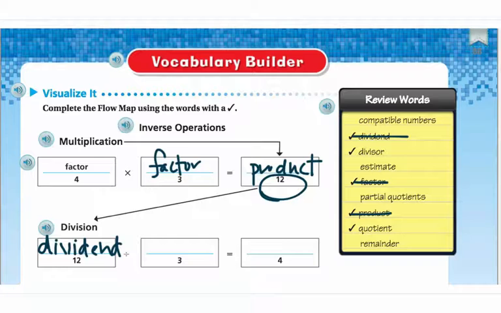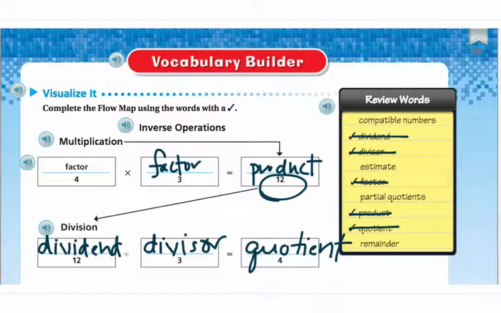Now, the dividend is divided by the divisor, which in our related division fact was a factor in the multiplication problem. And lastly, we have the answer, which in our division problem is a quotient. However, we know in the related multiplication sentence, it was a factor.